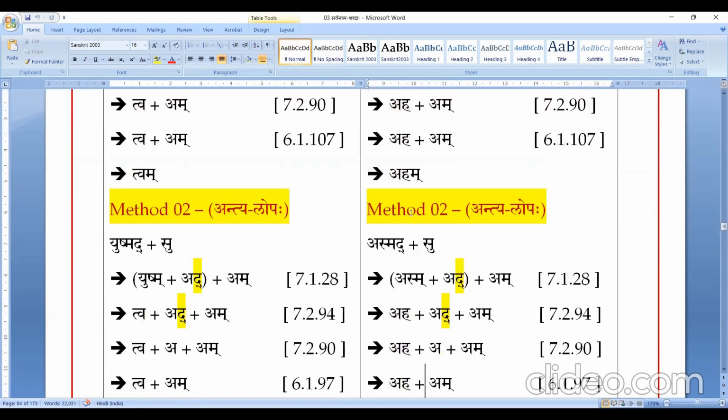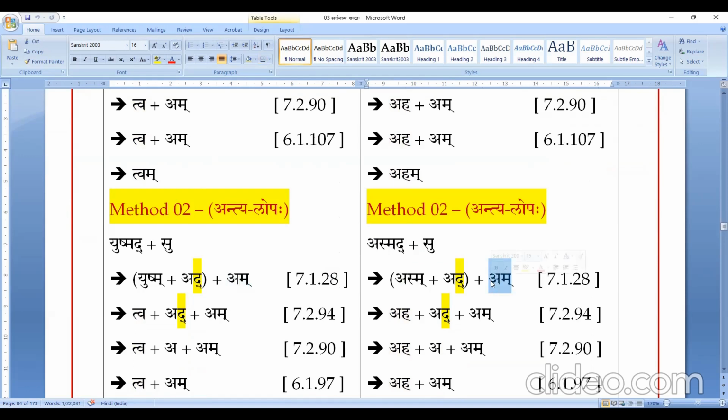Method 2, Antyalopaha, by the Siddhanta Kaumudikara method. There, Antyasya Varnasya Dakarasya Lopaha Bhavati. First, by the sutra Nye Prathamayoram, Su pratyayasya sthane Am Adeshaha for both Asmad as well as Yushmad.